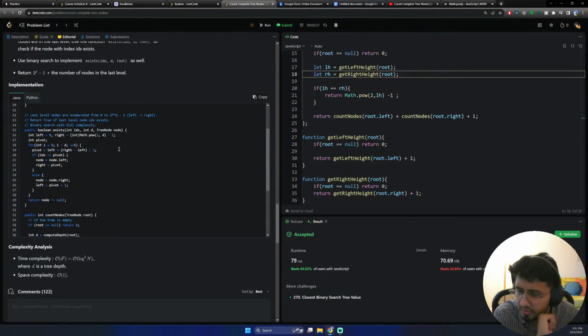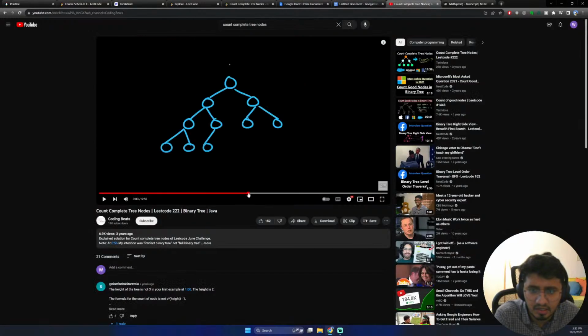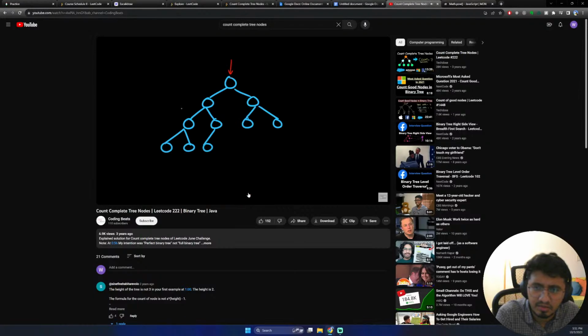So what would be the worst case scenario? Okay, let's see where it was calculating. Example, this is also a complete binary tree. So I will first come to root node.